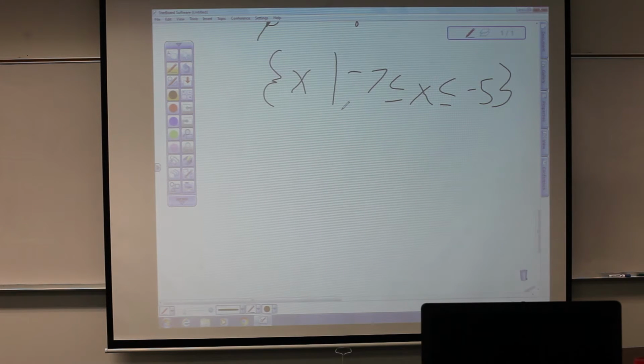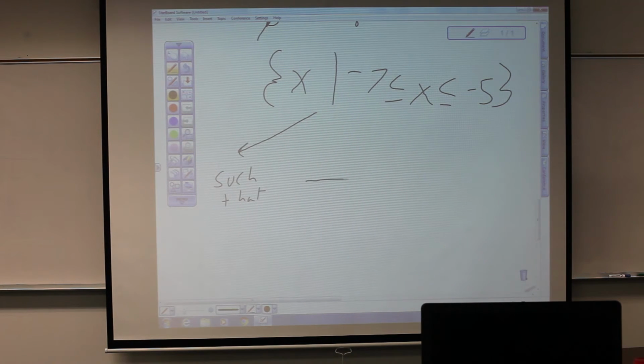I told you it's one of those weird mathematical symbols. Oh, absolute value? That would be if we had two of them. Two of them would be absolute value. Remember, that is the term that means such that. So if you were to read this sentence from left to right, x such that x is greater than or equal to -7 and less than or equal to -5.